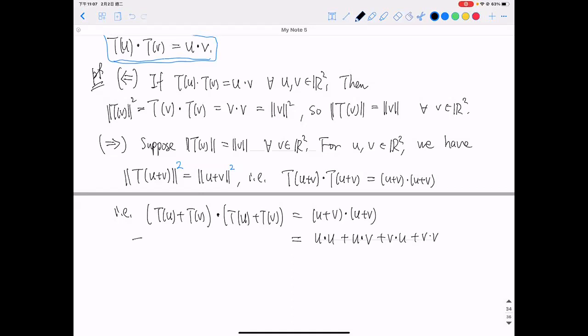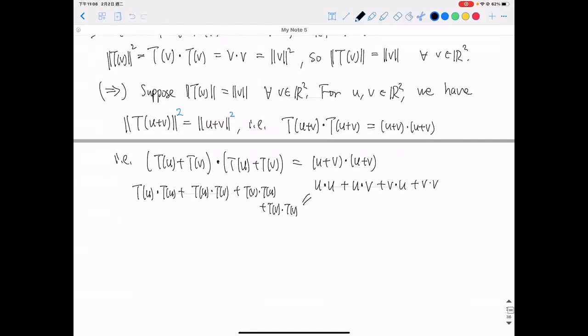On the left hand side, we have T of U dot T of U plus T of U dot T of V plus T of V dot T of U plus T of V dot T of V, equaling that.